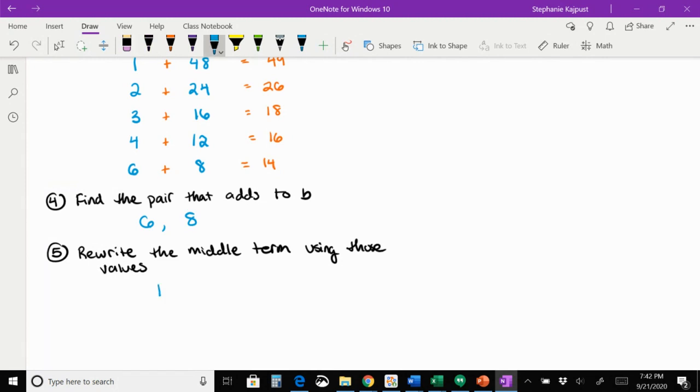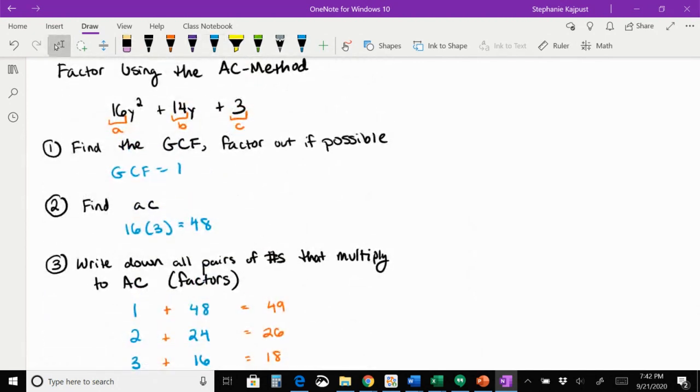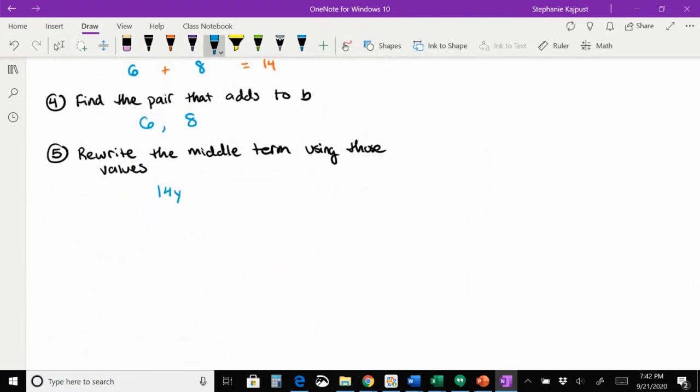Instead of the 14y we had in the middle, we can write 6y plus 8y, because 6y plus 8y equals 14y.